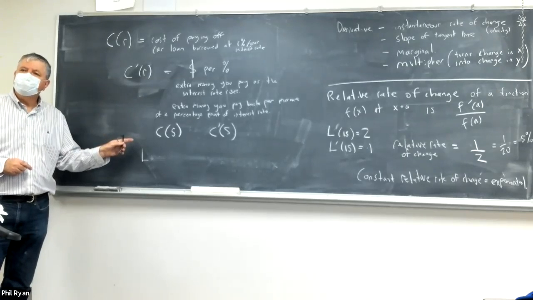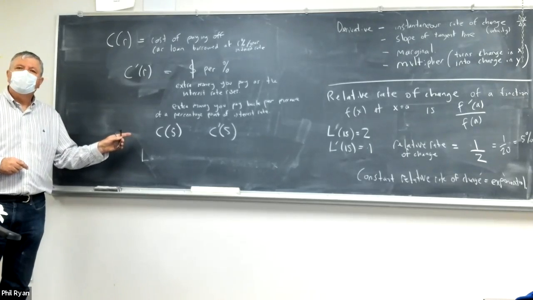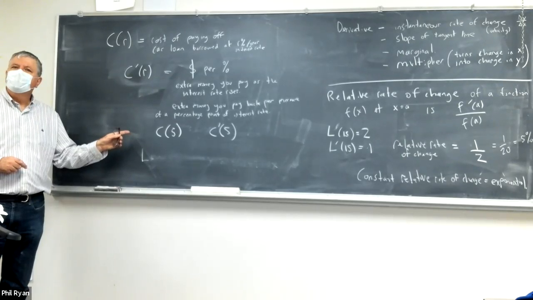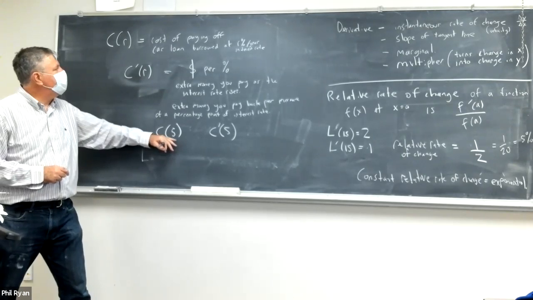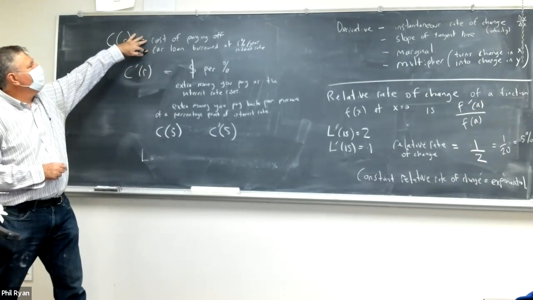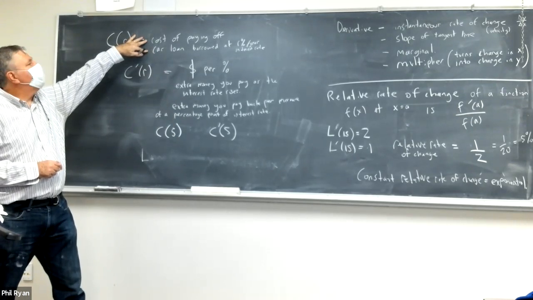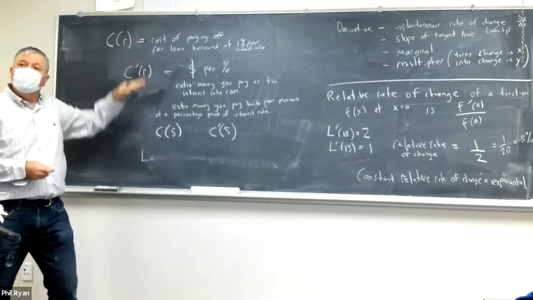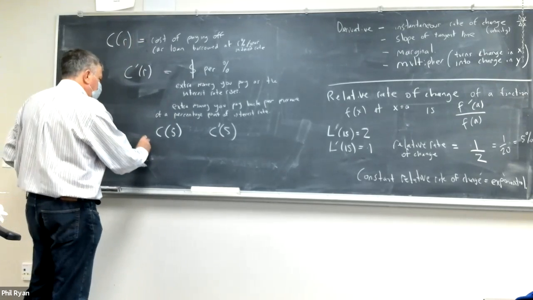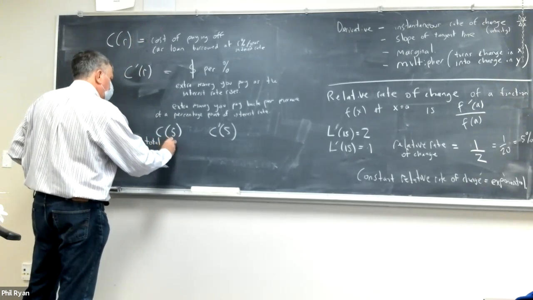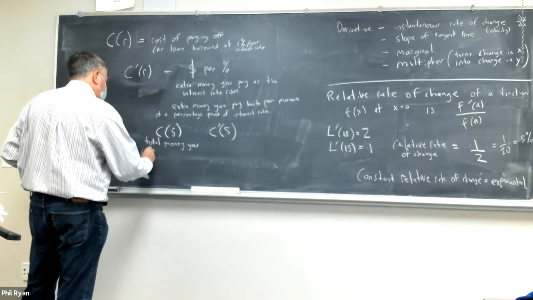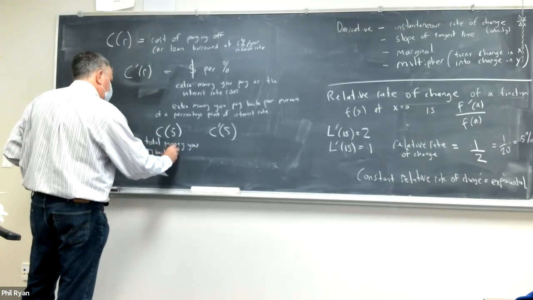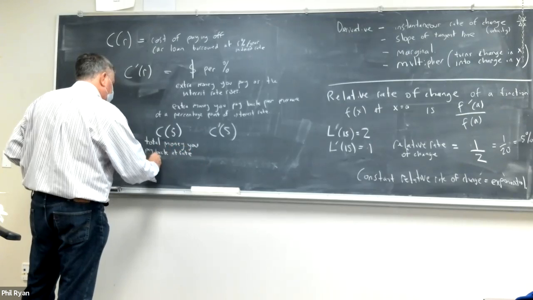So what's C of 5? Extra money paid back for 5%? Nope, that's not extra money, it's C of 5%. Just read the thing there: the cost of paying off a car loan borrowed at 5% interest rate. It's the total money paid back at a rate of 5%.